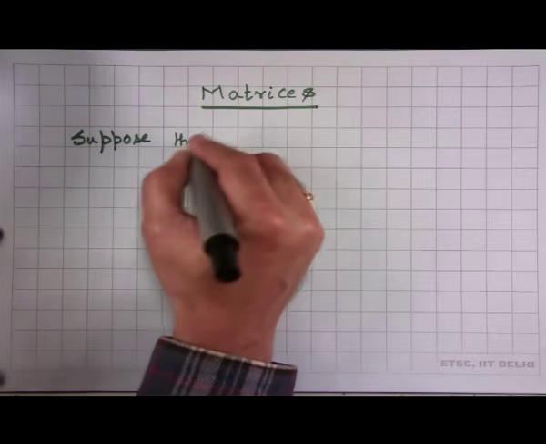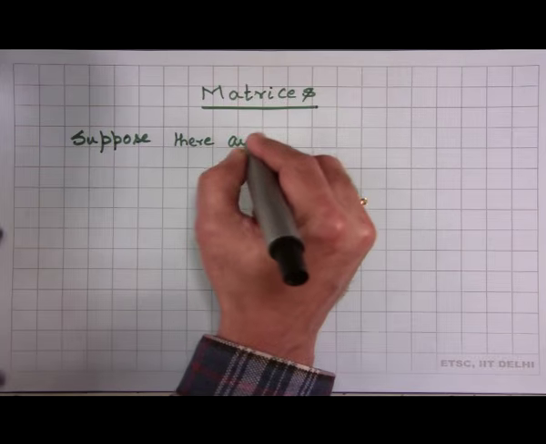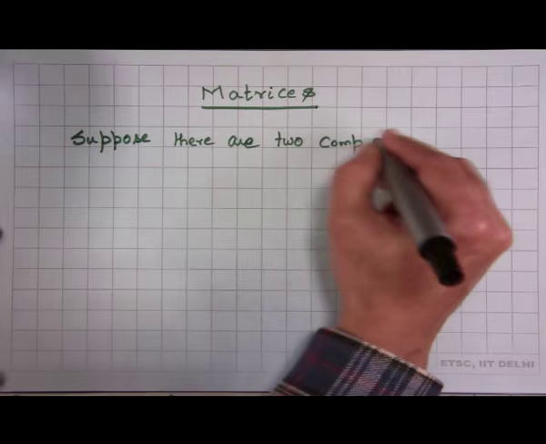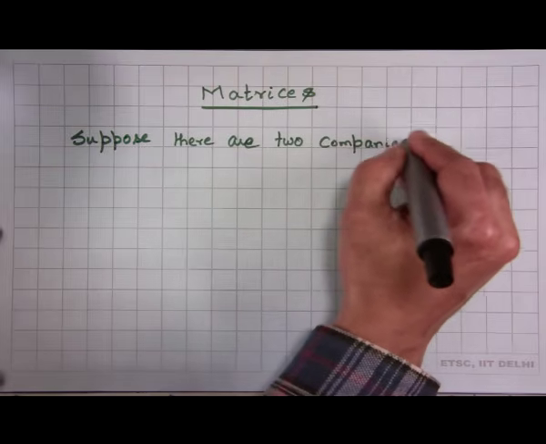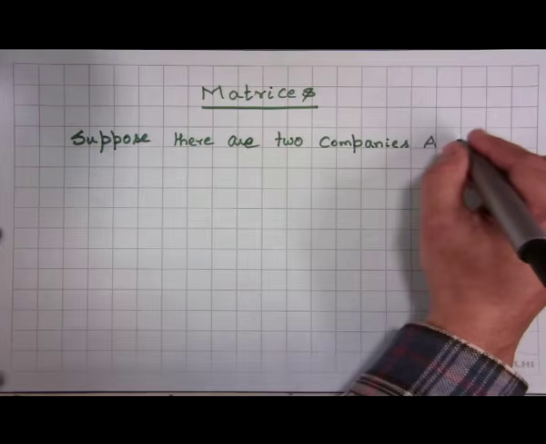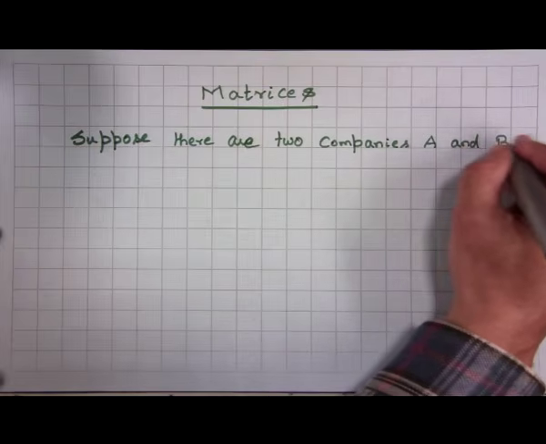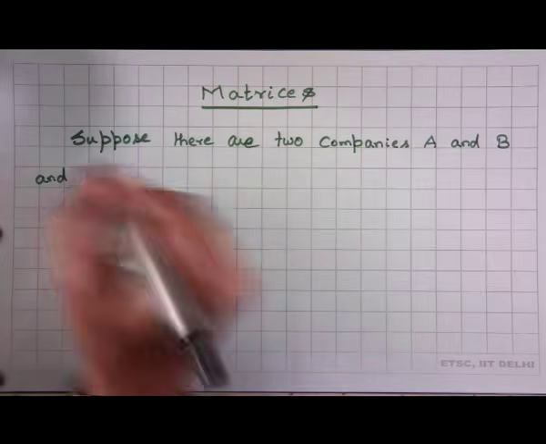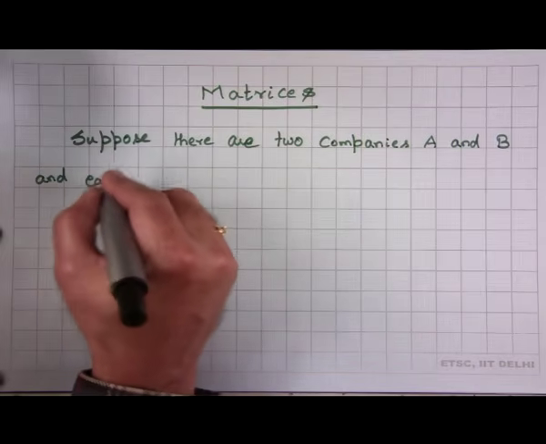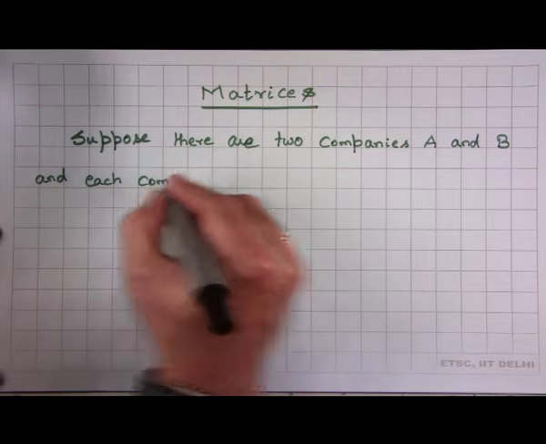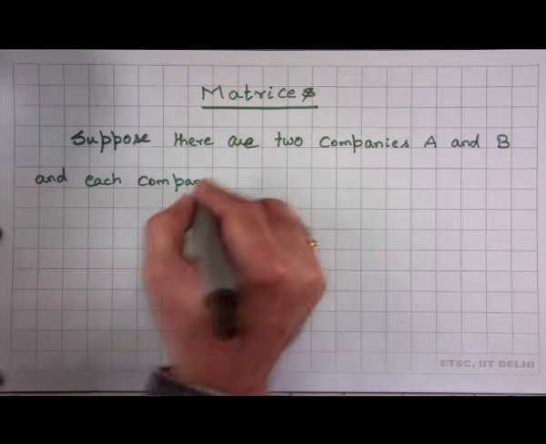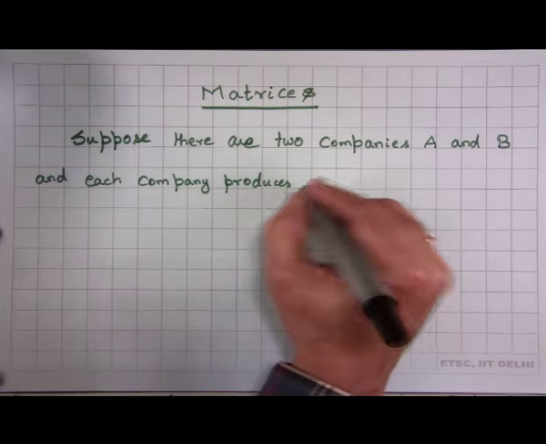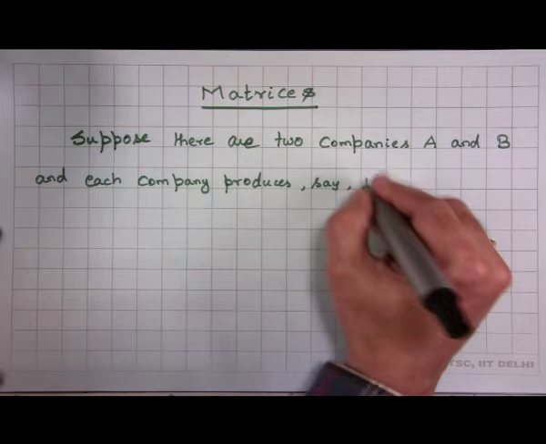Suppose there are two companies A and B, and each company produces say 3 items.